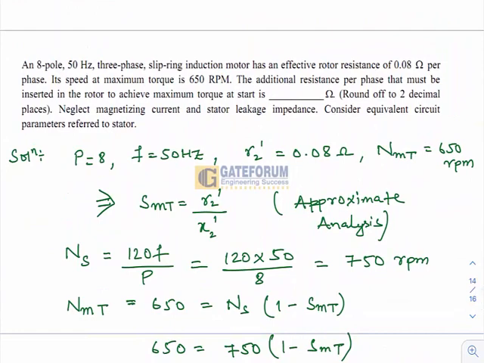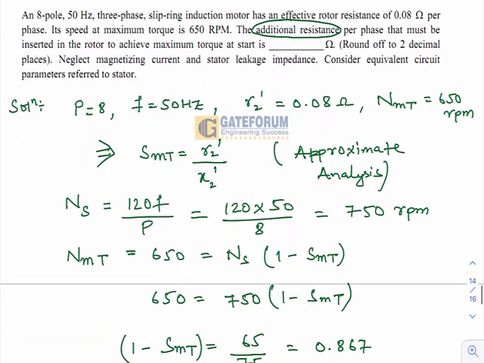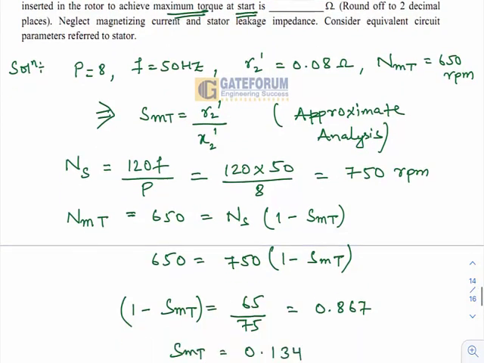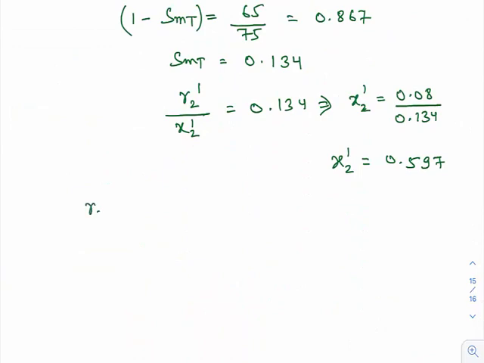Now, in the next case, they are asking what additional resistance you should put so that you get the maximum torque at the start itself. So he is asking what R2 dash you need to put, R external, such that T starting is equal to T max. If you want to achieve maximum torque at the start only, then the slip corresponding to this would be equal to 1, right?